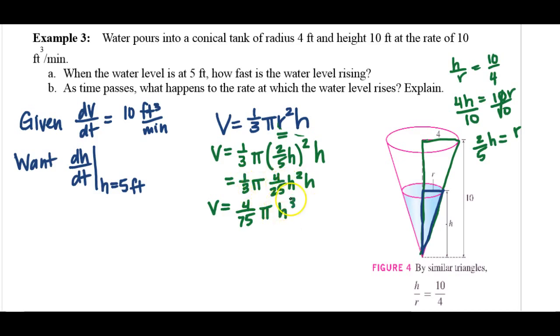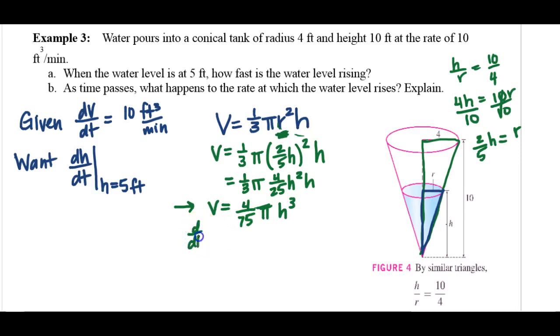And then h cubed. So this is now the volume formula I would rather deal with than this one, because this one had the r, which was a problem, because it would give me a dr/dt and an r that I have no information about whatsoever. But now I can differentiate this with respect to time.